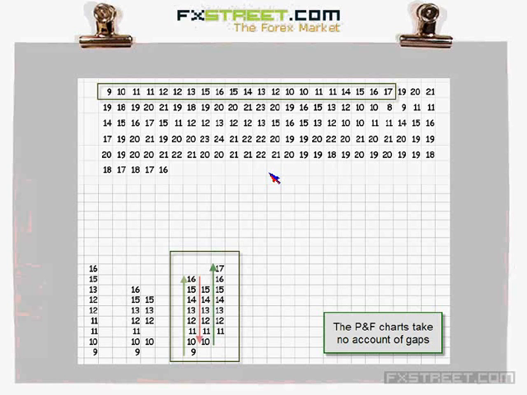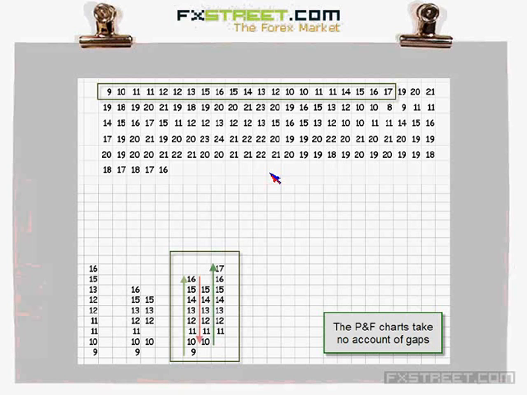One of the characteristics of point and figure charting is that it takes no account of gaps, and the reason why is that it's based on this type of construction. So even if an instrument is not quoted or negotiated at a certain price, the gap will not be visible in the chart.